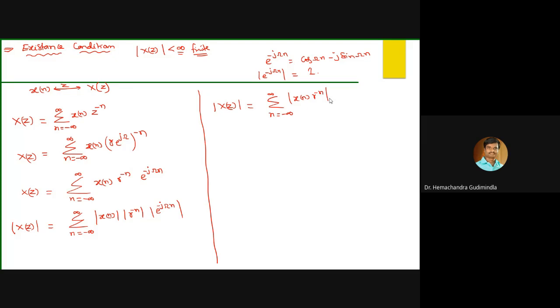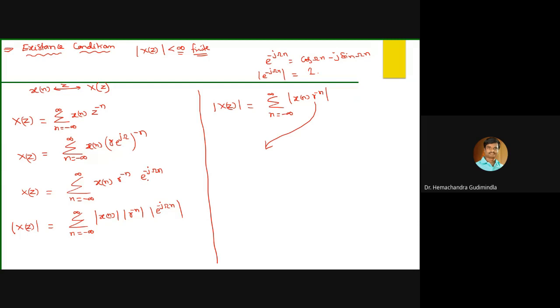Now, if you look at that, this is the existence condition for the Z transform. The magnitude depends on x of n, the input signal, no problem, but what is the another term? R is there.